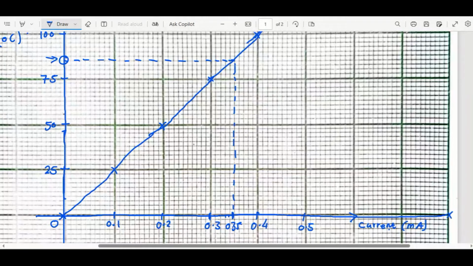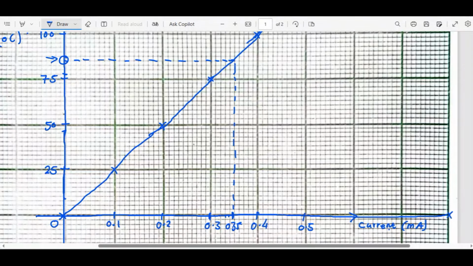So we need also to identify what the smaller box is representing. Since the scale in the y-axis is 2 centimeters represent 25 units, I'm going to say 25 divided by 10. So I'm going to have 2.5. So each smaller box is 2.5.